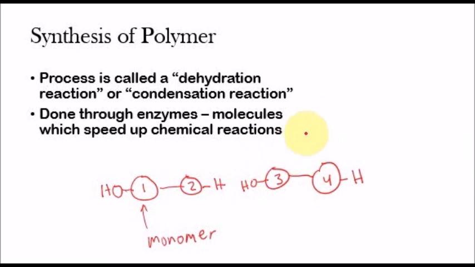In order for the synthesis of a longer polymer, this hydrogen and this hydroxyl group are going to react, and they're going to form water. Let me highlight that for you. That's going to form water, and then we'll see this.